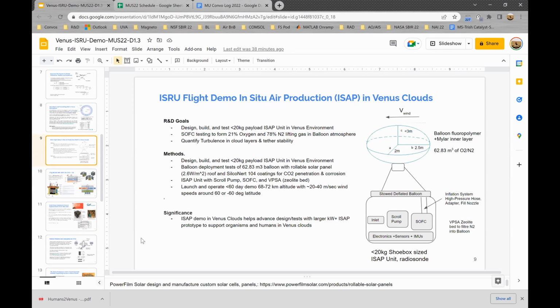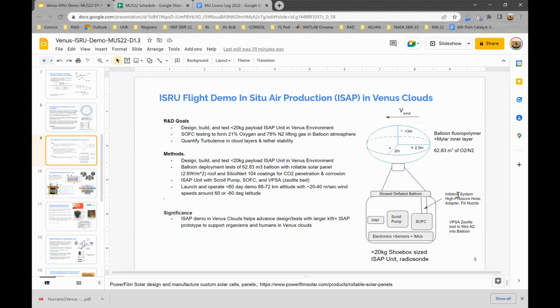And so coming back to the topic here and the presentation of this ISRU flight demo and this in-situ air production in the Venusian clouds, we're proposing to design, build, and test a sub 20 kilogram payload in a Venusian environment with this outline and diagram here, with a balloon with a fluoropolymer and mylar inner layer, and the small 20 kilogram payload underneath with this ISAP unit with an inlet, swirl pump, and solid oxide fuel cell.